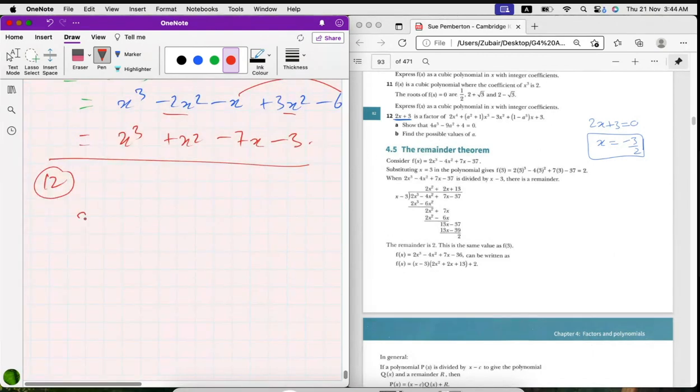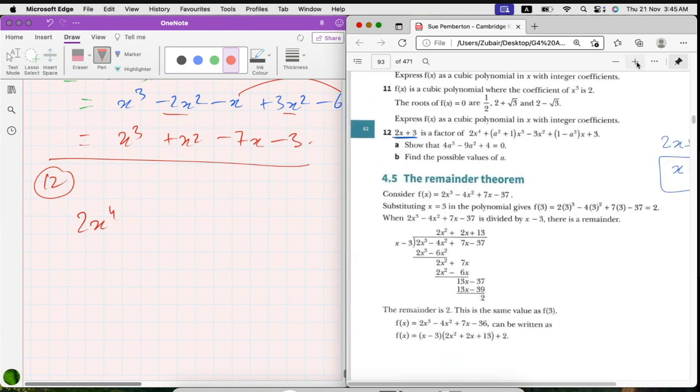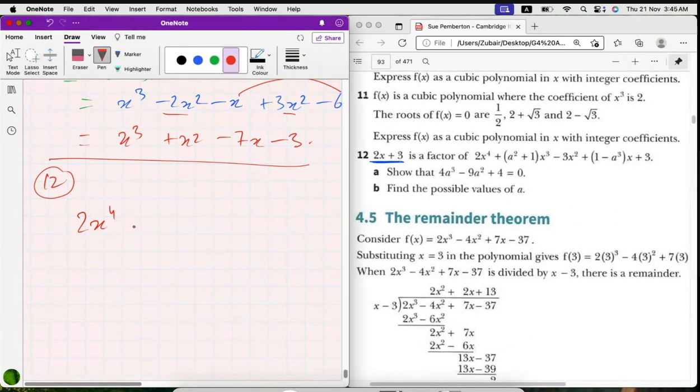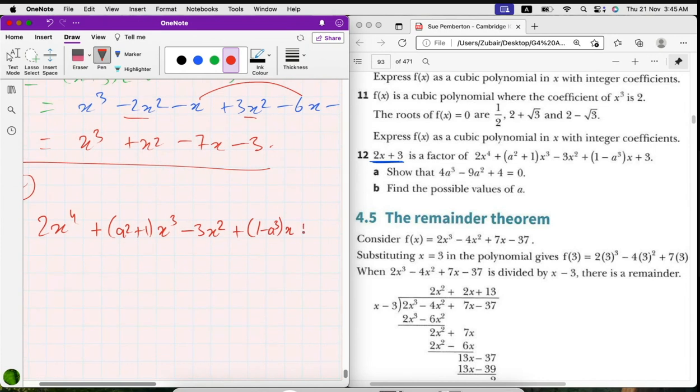Now it says 2x to the power 4 plus (a square plus 1)x cube minus 3x square plus (1 minus a cube) times x plus 3.